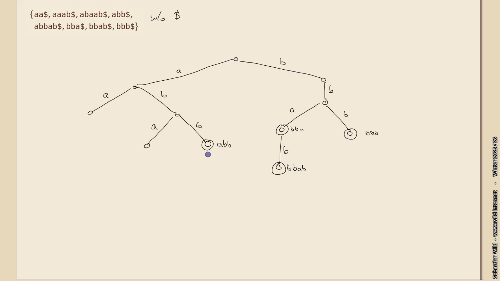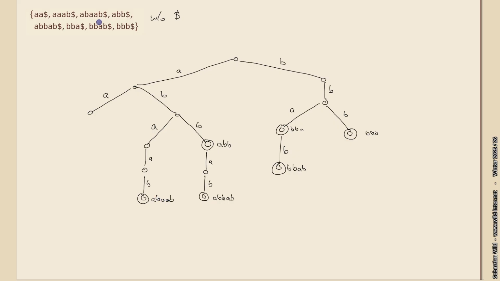But it also continues with another A and a B to A, B, B, A, B. And A, B, A, I can continue with A, B. Then I get A, B, A, B. That's that one.